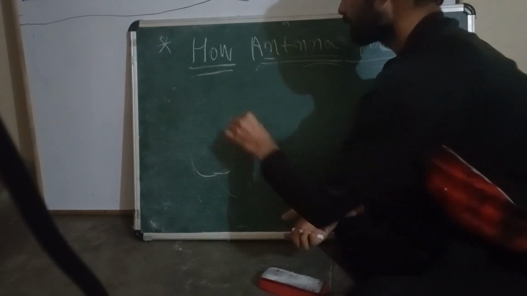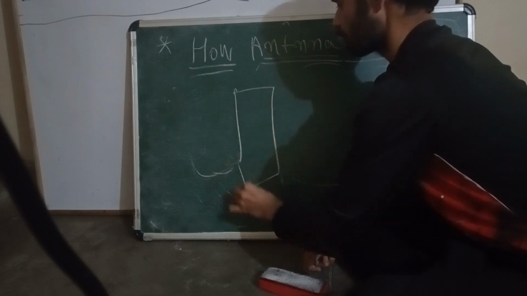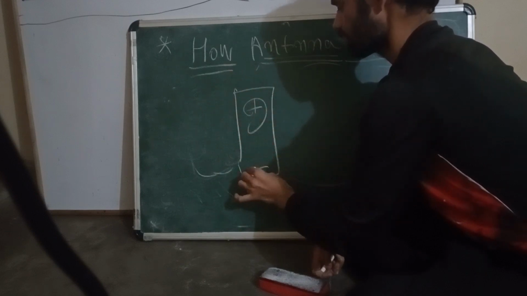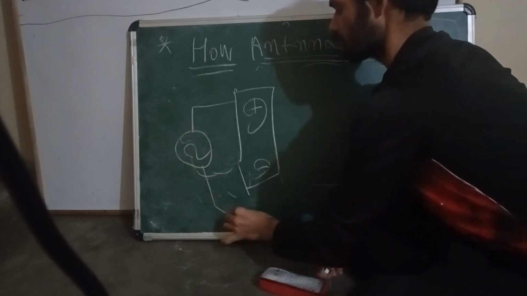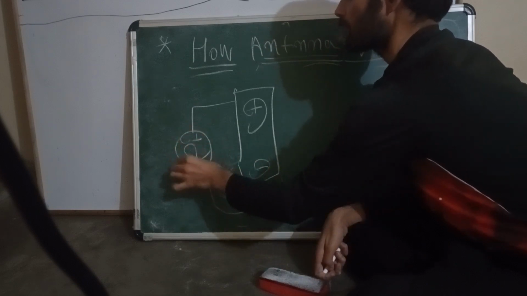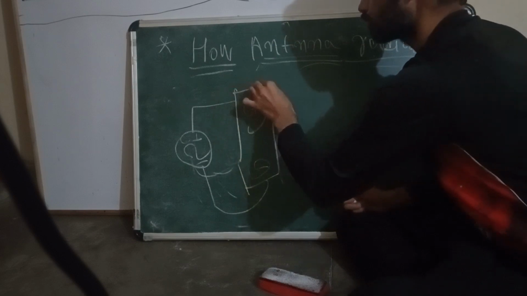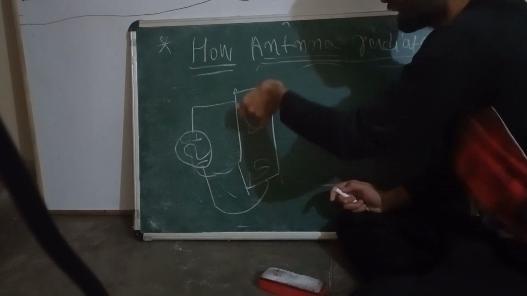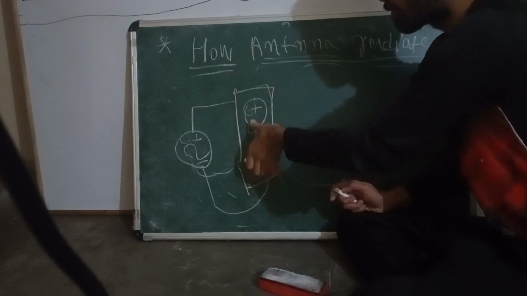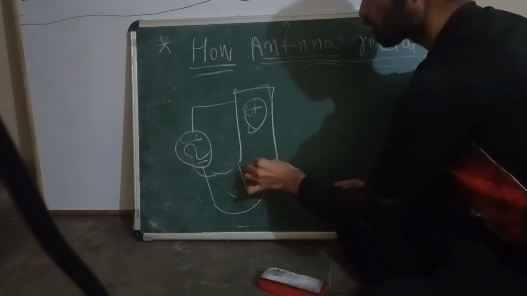So now if I take the same conductor, with a positive charge and negative charge, and I apply an AC supply here. By applying the AC supply to this conductor, the charge will start oscillating. So the charges will start moving close to each other.